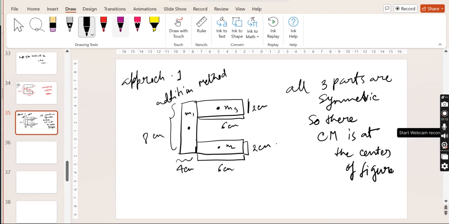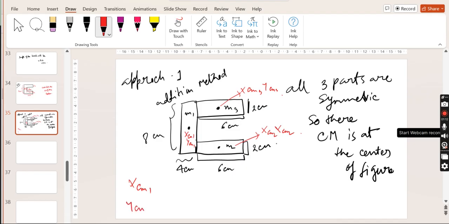Okay. So this is XCM1, this is XCM2, YCM2, this is XCM3, YCM3.